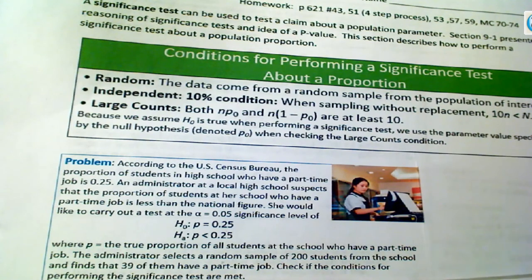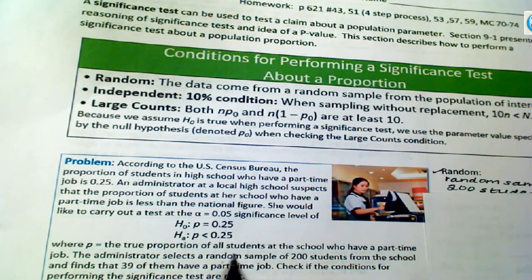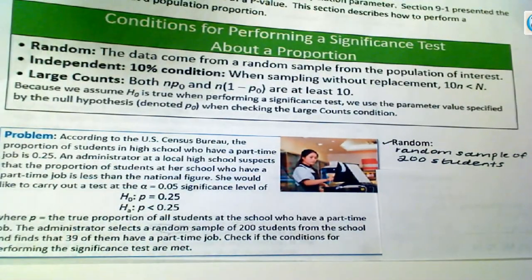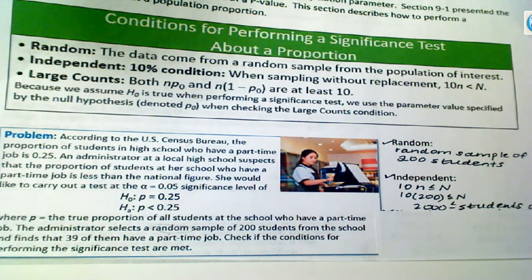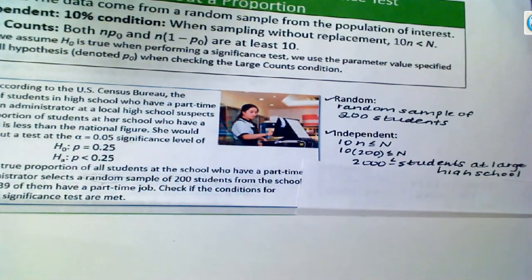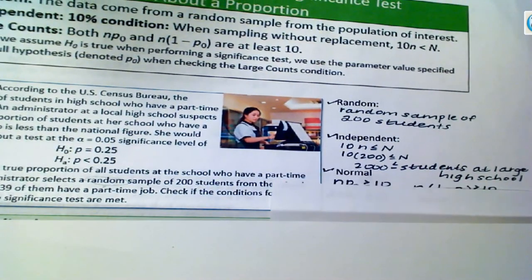The first one is random, and it does say there's a random sample of 200 students, so that condition is met. The next one is your 10% condition, which also shows that you have independence. 10 times 200 is less than or equal to all the students at this large high school. The last condition is your normal condition.